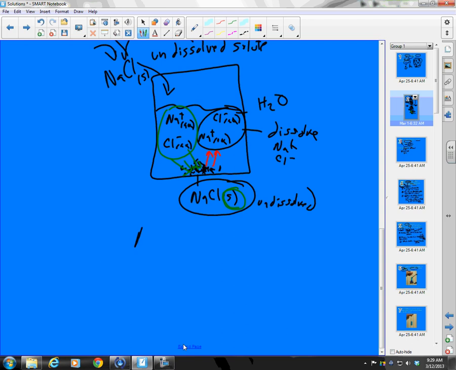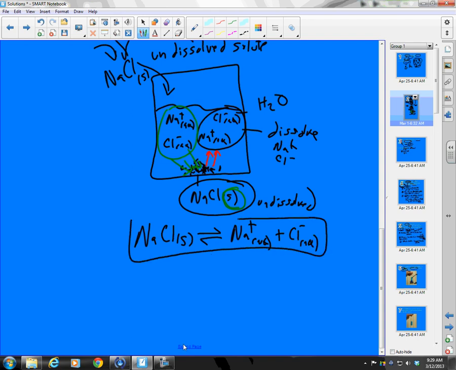And so if I look at this from an equation standpoint, we would write it this way. Okay, and this represents an equilibrium. How do I know it's an equilibrium? Well, usually we'll always see a reversible reaction, and we're going to assume that's an equilibrium unless someone tells us otherwise.